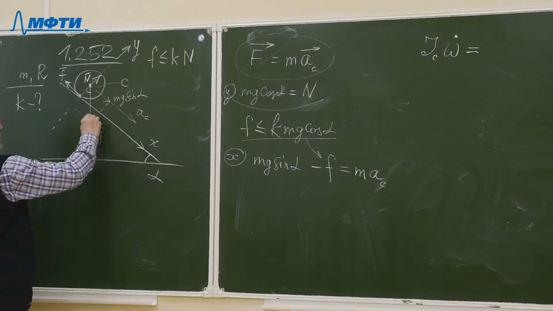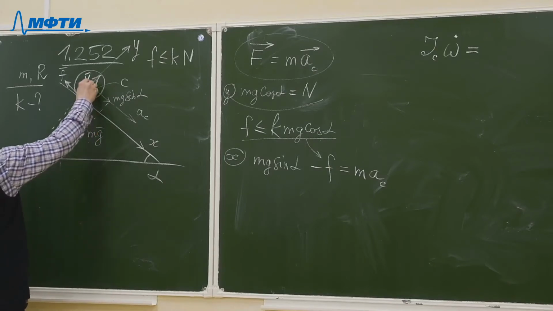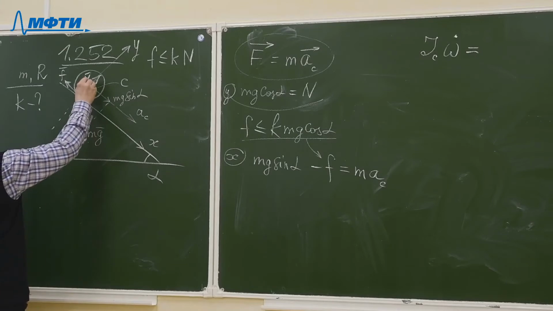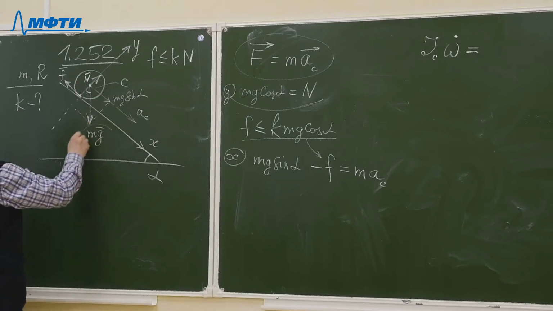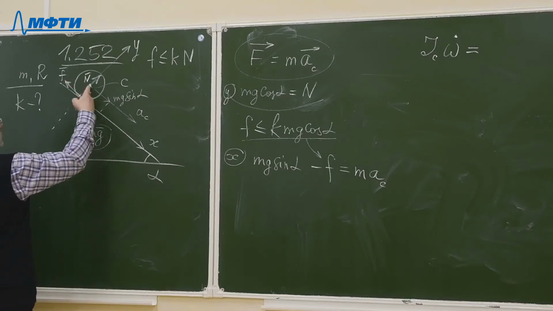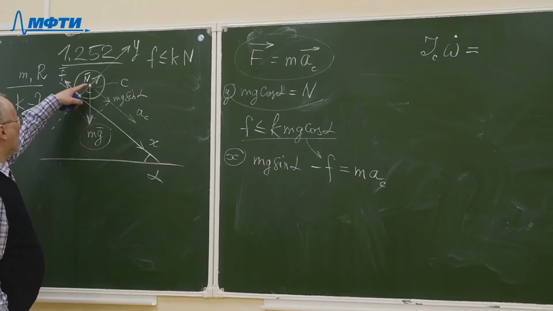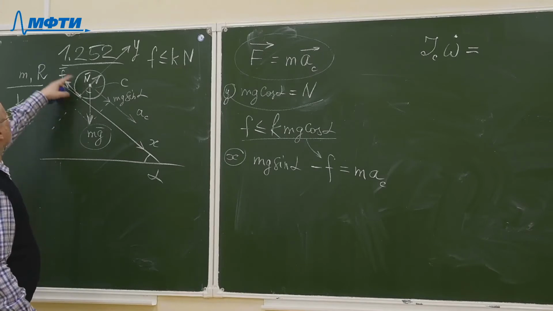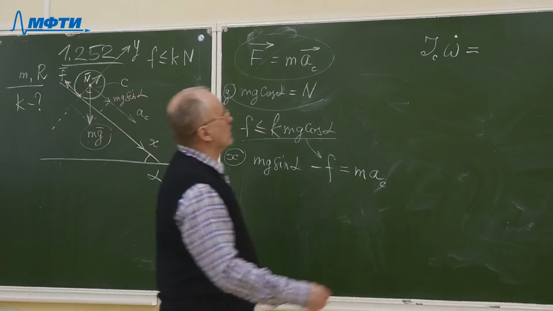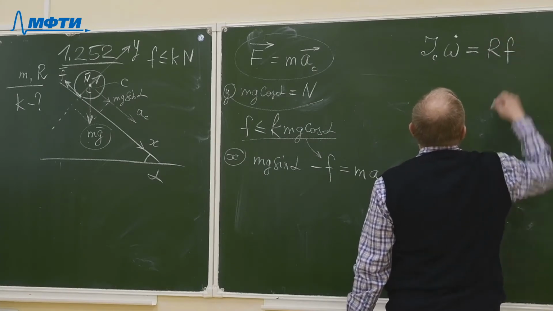The force of gravity is applied to the center of mass, so its torque will be equal to 0. When calculating the torque, we don't take into account this force of gravity because it goes exactly through the axis of rotation. Its torque will be 0 because the arm of this force is 0. So in this equation we have to take into account only the force of friction and its torque, and that will be the radius of the sphere times the force of friction.